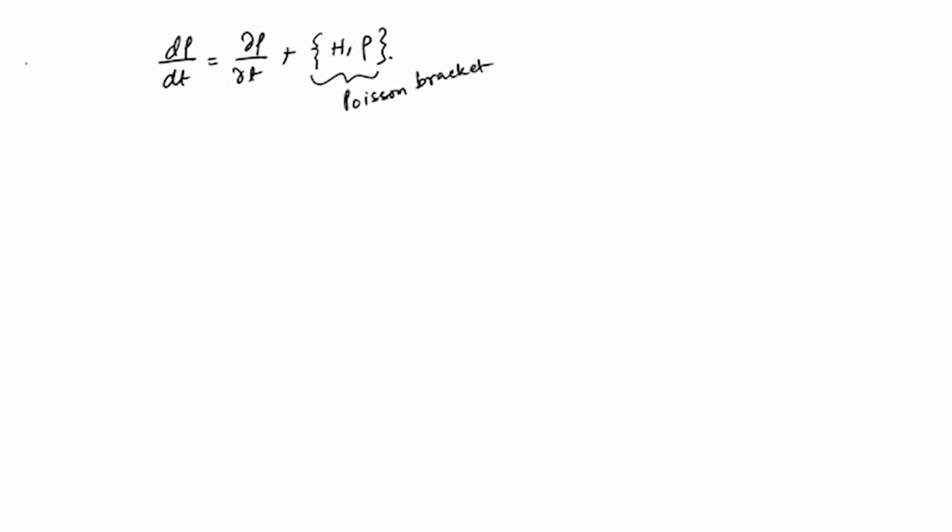So, this is Liouville's theorem. That tells you that if there is no explicit time dependence of rho on t, and also rho is not a function of h itself, then of course the Poisson bracket vanishes.